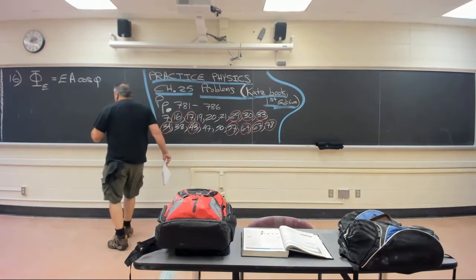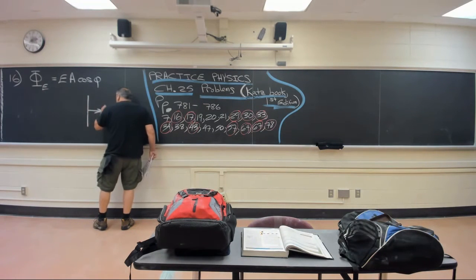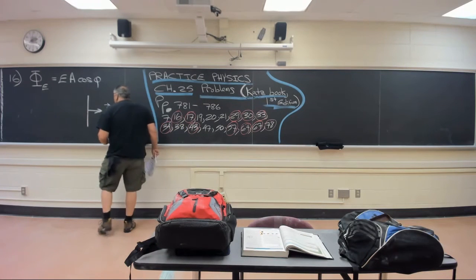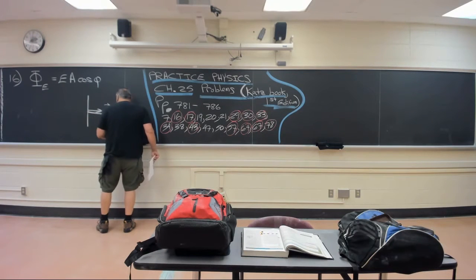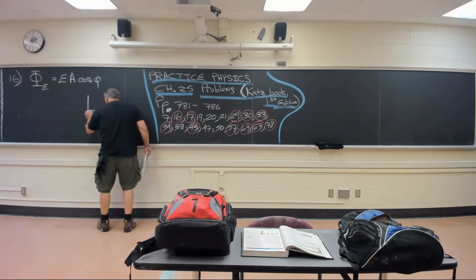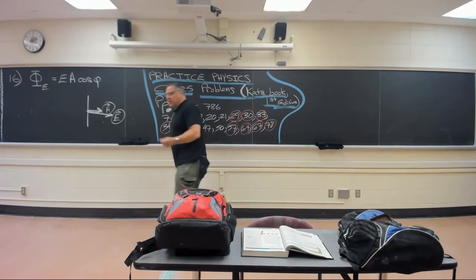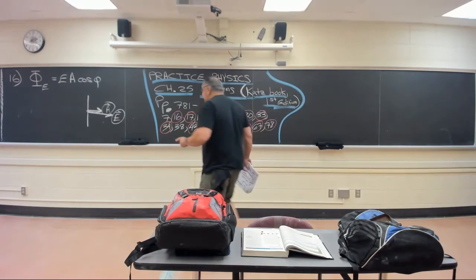If this is a side view of an area A, associated with the vector A, and the electric field comes straight out with zero angle between the two, then the cosine of 0 is 1, and it's just the magnitude of A times the magnitude of E.